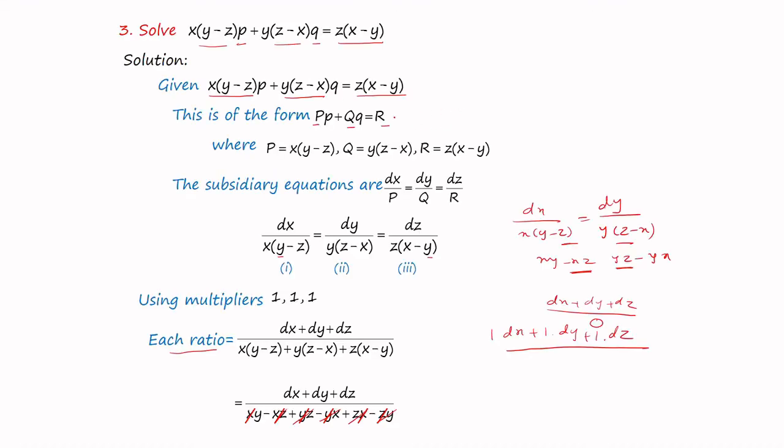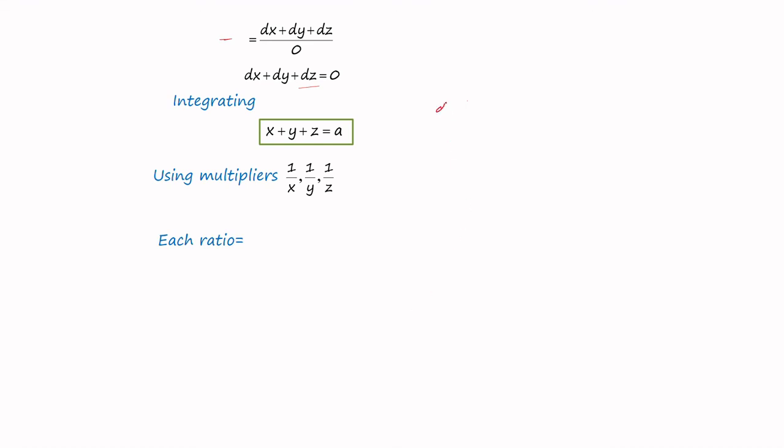Our problem is dx by x into y minus z, is equal to dy by y into z minus x, is equal to dz by z into x minus y. These are the ratios we have, isn't it?